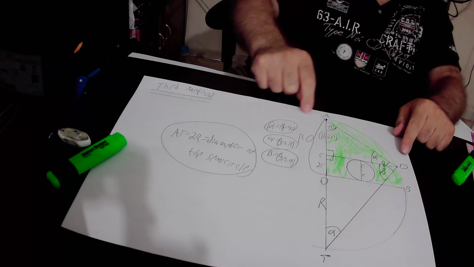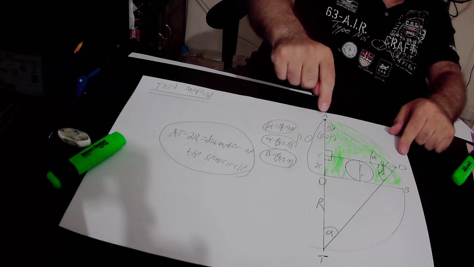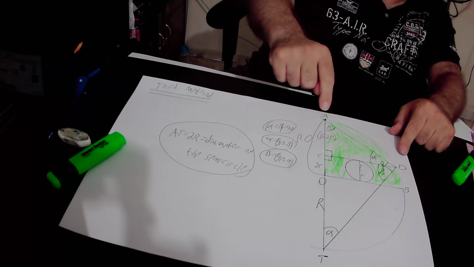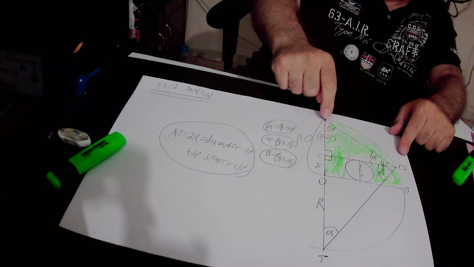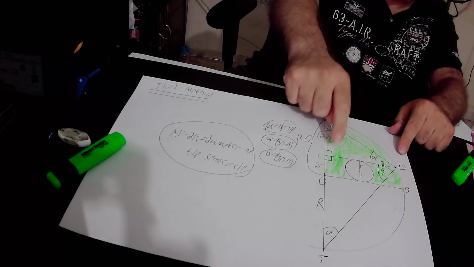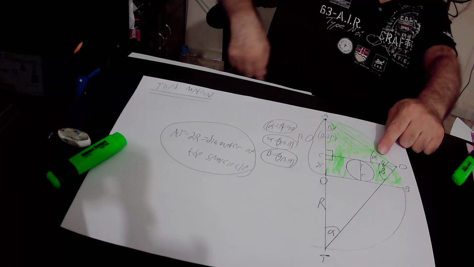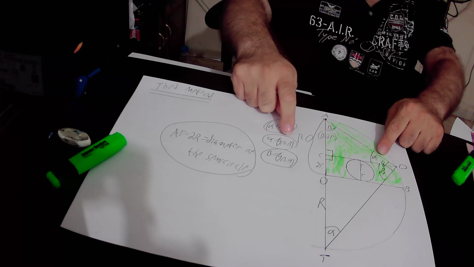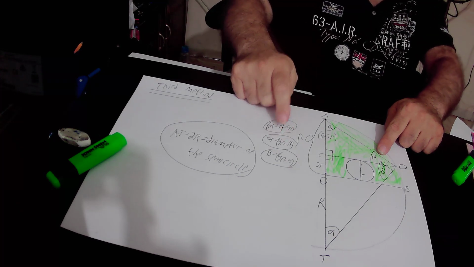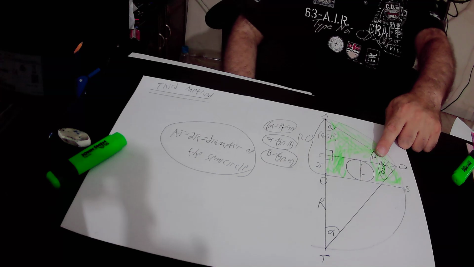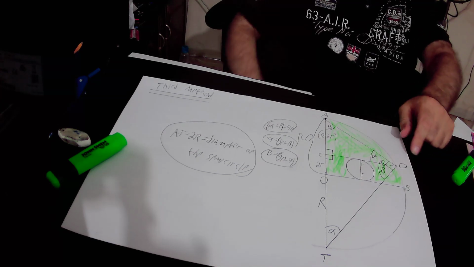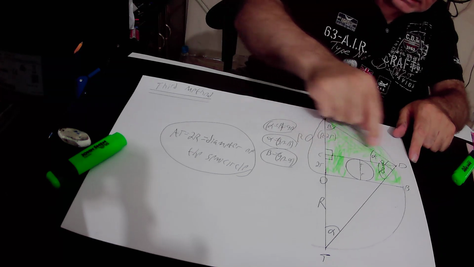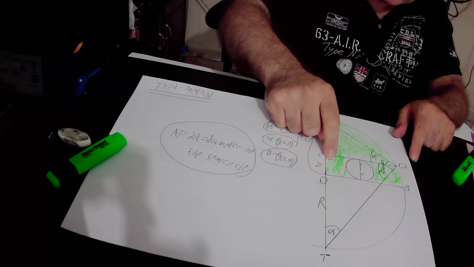Then we focused on the right triangle ACD. In the right triangle ACD, this angle equals beta. This angle equals 90 degrees, therefore this angle must be equal to 90 degrees minus beta. But we found out that 90 degrees minus beta equals alpha, so we can substitute 90 degrees minus beta here by alpha. Then in the right triangle CDT, this angle equals 90 degrees.